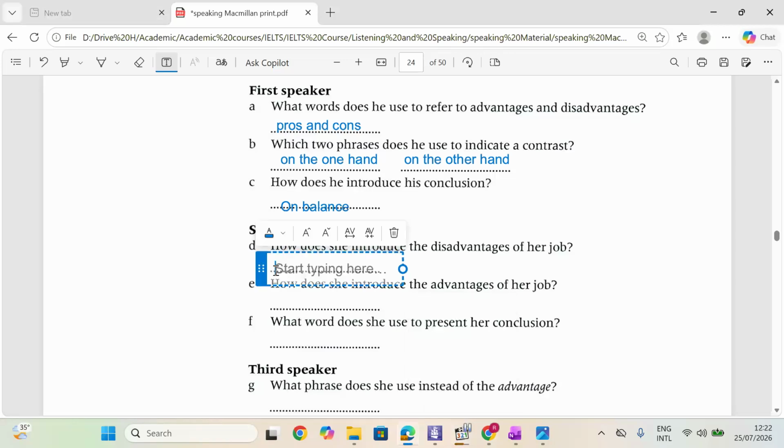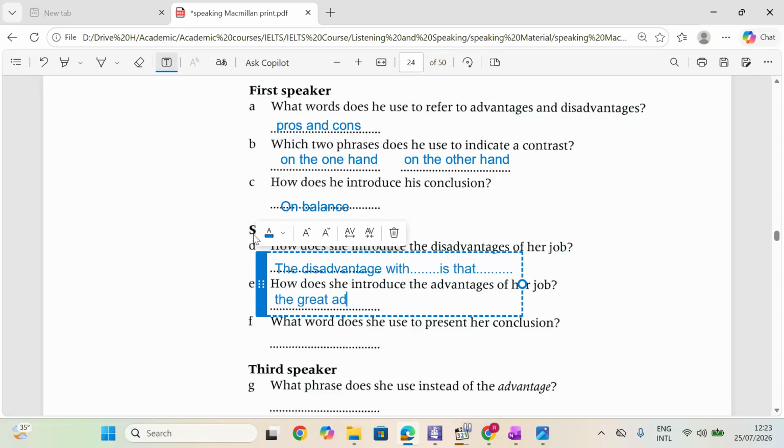The disadvantage. She said the disadvantage is that. The disadvantage with this job is that, and so on. You give your details. The great advantage.